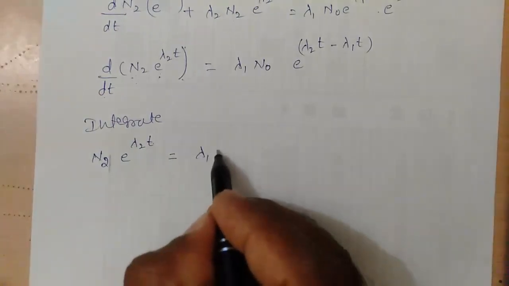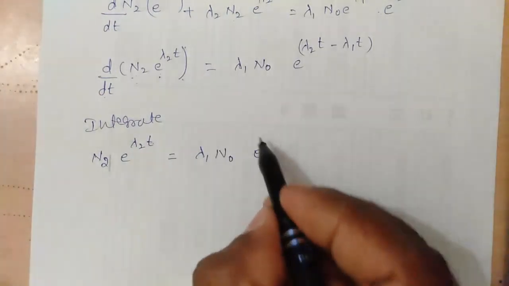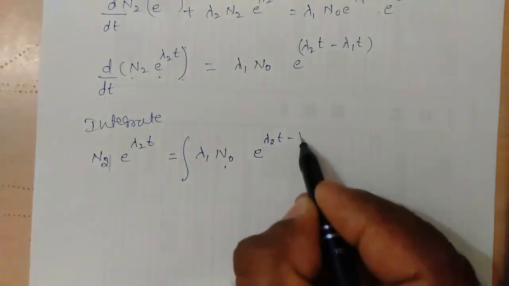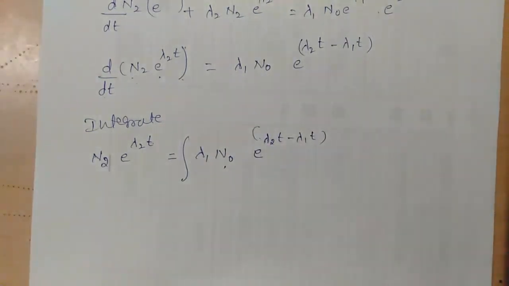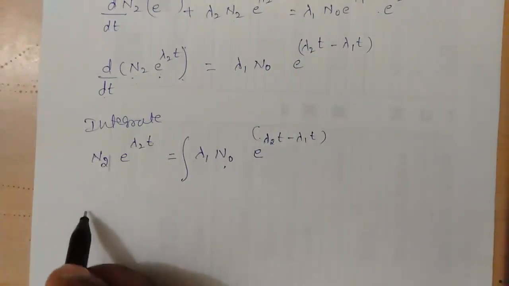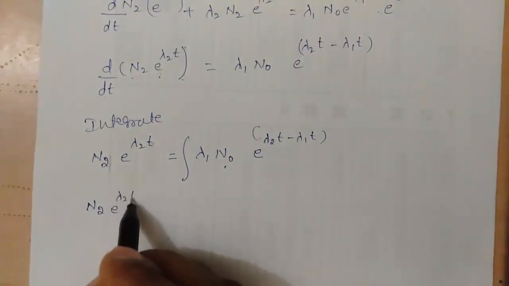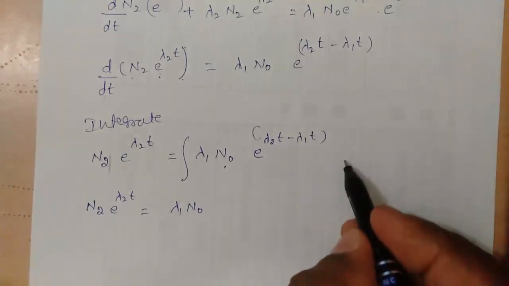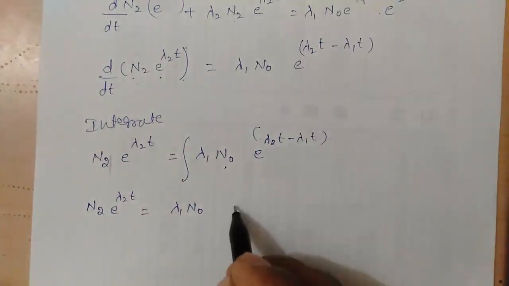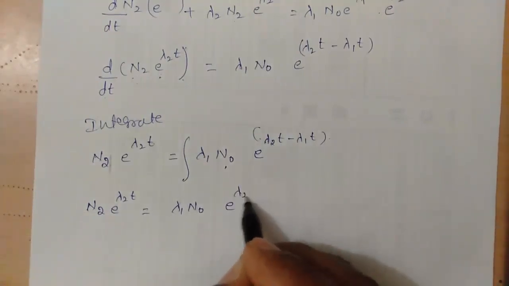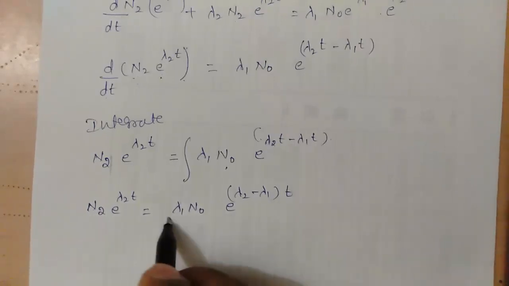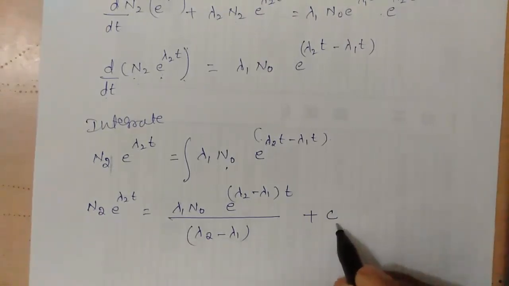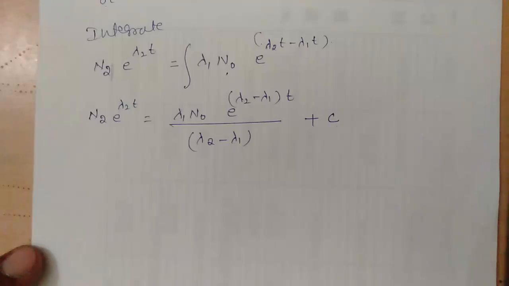This is equal to λ1 N0 times the integral of e^((λ2 − λ1) t). Integrating the right hand side, λ1 and N0 can be taken out of the integration, and we get N2 e^(λ2 t) equal to λ1 N0 e^((λ2 − λ1) t) divided by (λ2 − λ1), plus C, where C is known as the constant of integration.